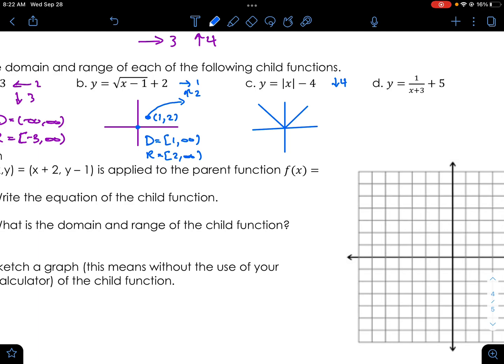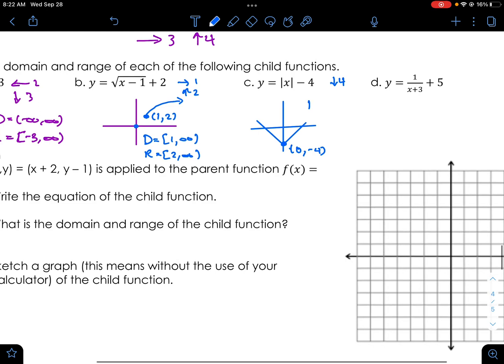So if we're moving down 4, this is moving down 4 to about there. And so we have this new function right there that is at 0, -4. So the new domain would be -infinity to infinity. That's always the domain for absolute value functions. And then you have bracket -4 to infinity.